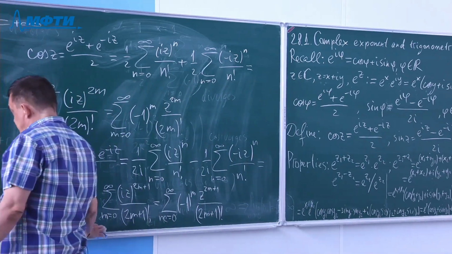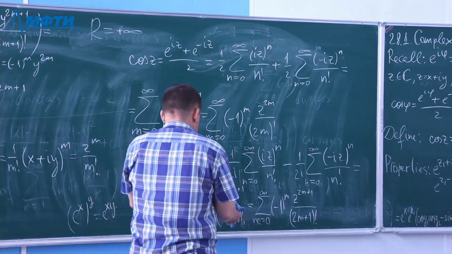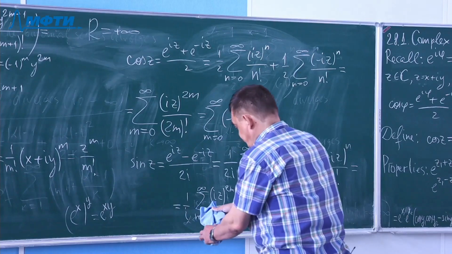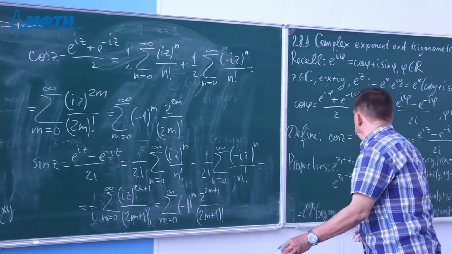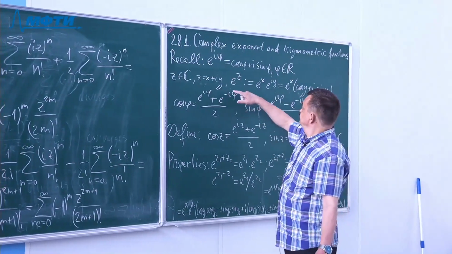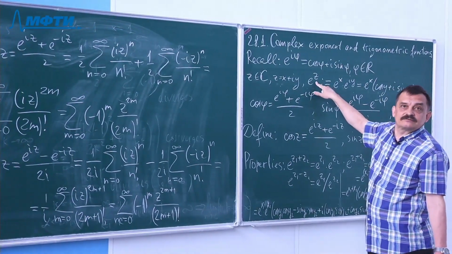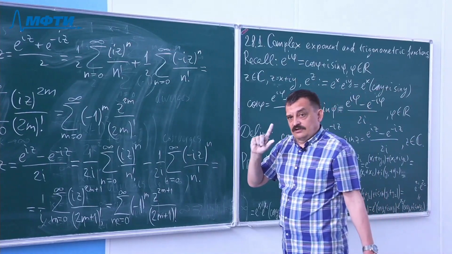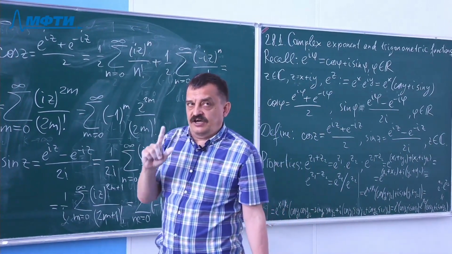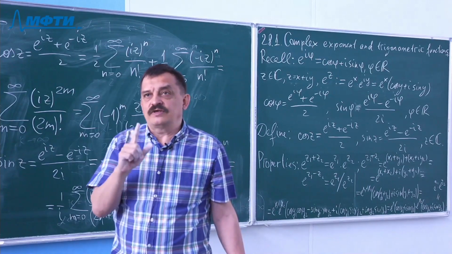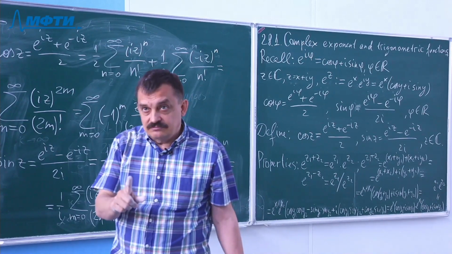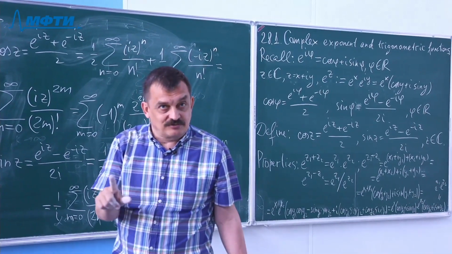Because for the complex exponential function, we defined the exponential function e to the power z, right? So the complex exponential function is defined only with base e, no other bases for a while.